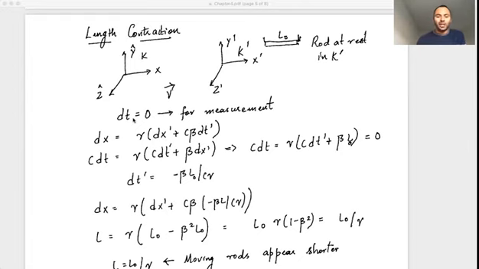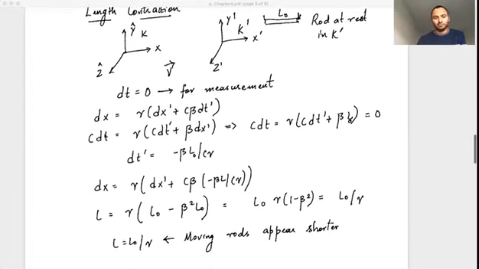Again, you put in the first and the second equation we had for the Lorentz transformation. Now we are going to say that dt is 0, right? So this equation must go to 0. Right, that equation is 0. So you basically get dt prime, which is the time interval between the measurements of the two ends in your friend's frame, right?